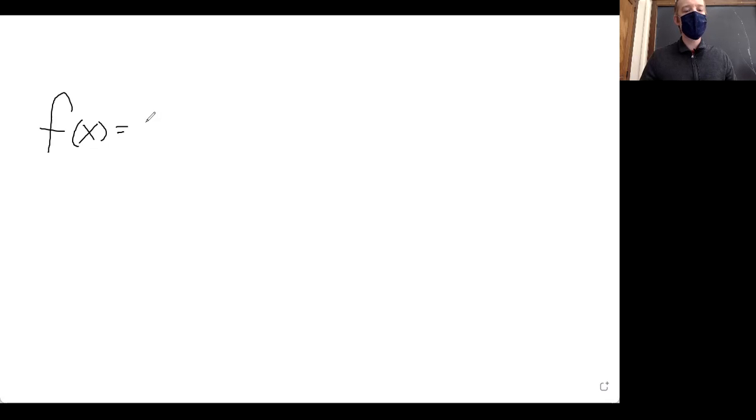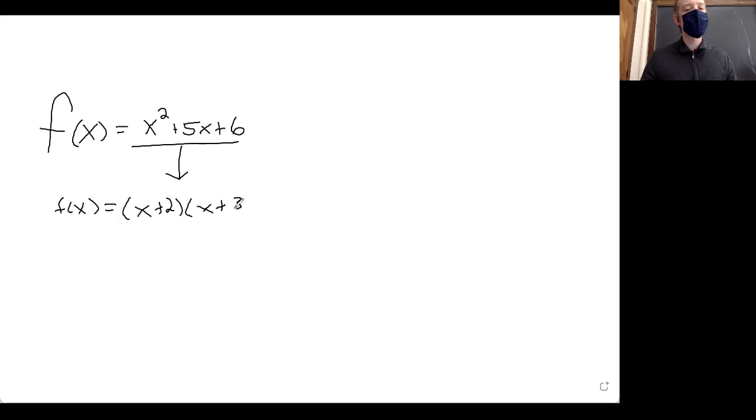We say we have f of x equals x squared plus 5x plus 6. And you may have seen some factoring, but we were definitely going to be talking about it here together. We are going to learn how we turn this standard form into factored form. And so we would have f of x equals x plus 2 and x plus 3 as a simple example here.